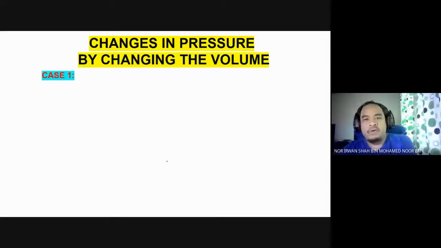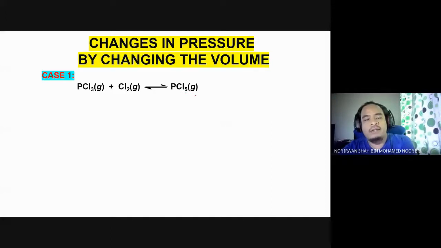So let's start with the first case, or simply I label it as case number one. Okay, class, let's say we have this system here. We have phosphorus trichloride gas and chlorine gas in equilibrium with phosphorus pentachloride gas.